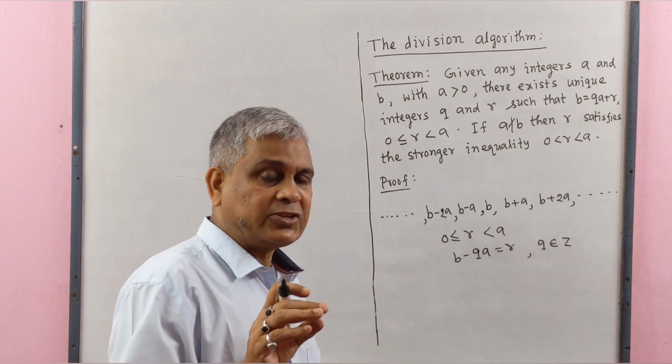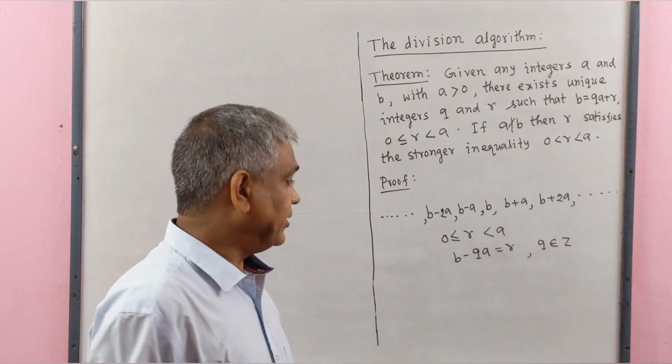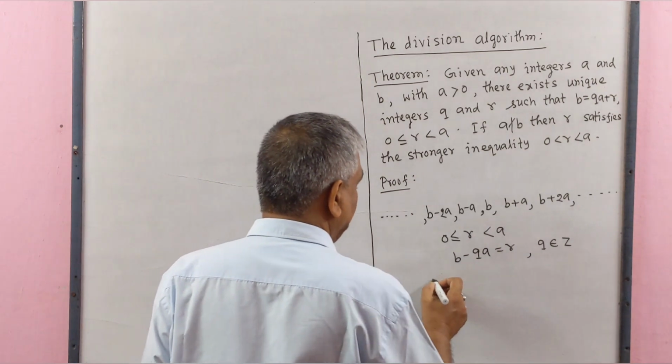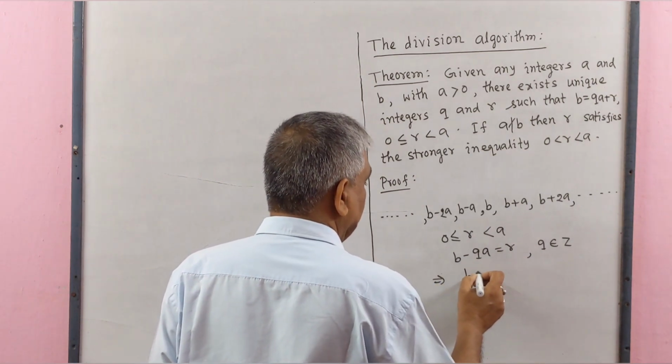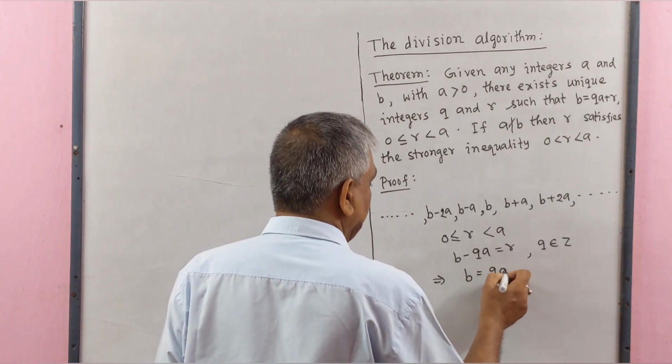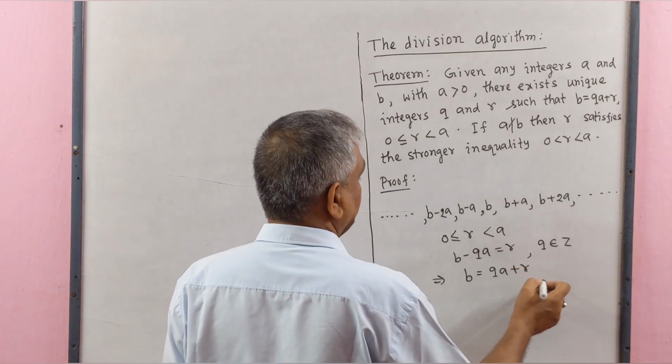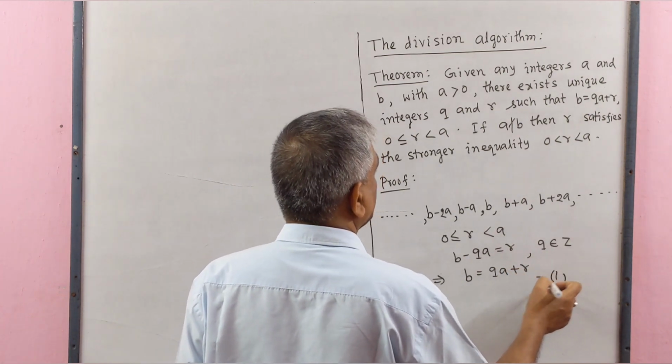Therefore Q must be an integer. This implies that B equal to QA plus r. This is number 1.